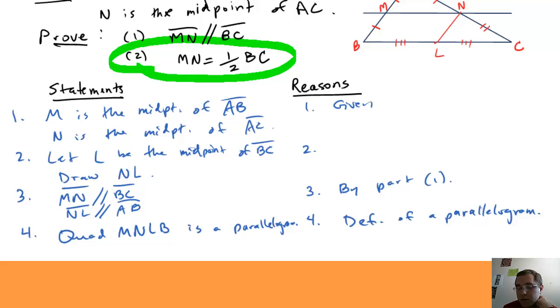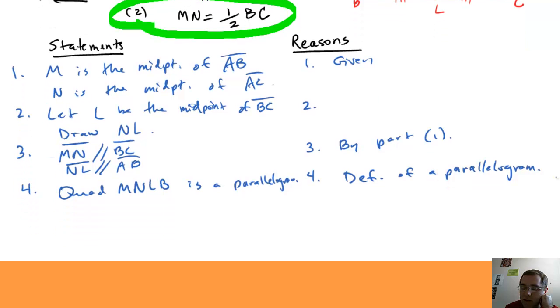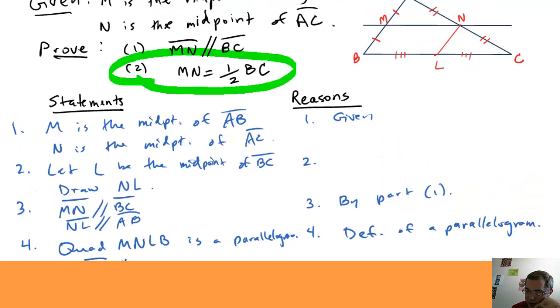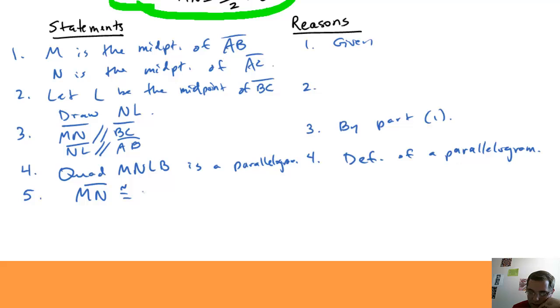What I want to show ultimately is that MN is half of BC. Well, I know MN, which is one side of my parallelogram, has to be congruent to the opposite side. What's the opposite side? It's BL. So MN is congruent to BL because opposite sides of a parallelogram are congruent.